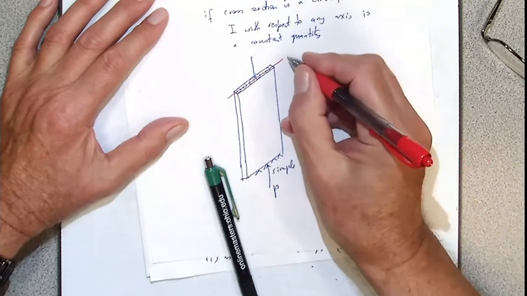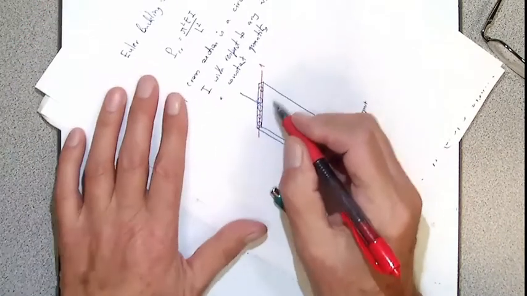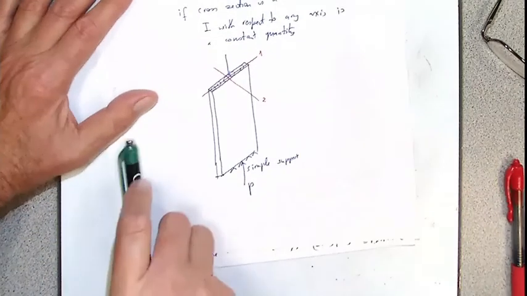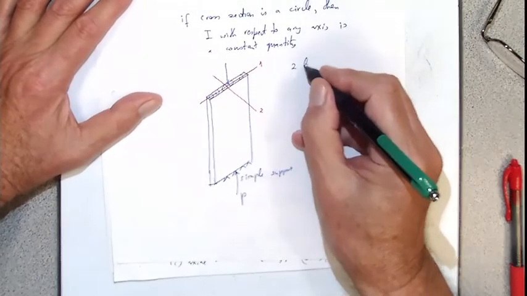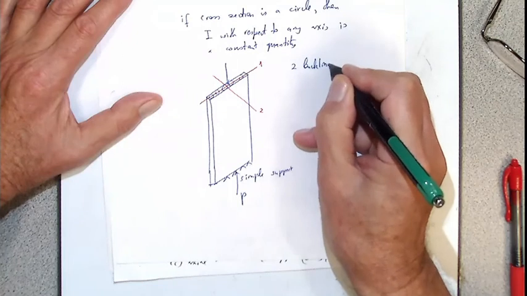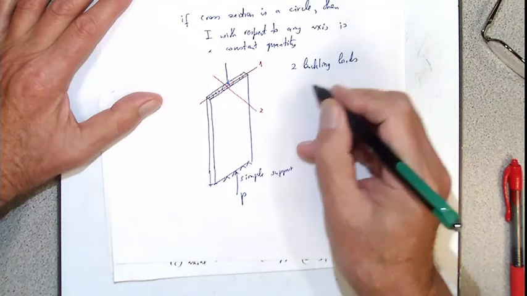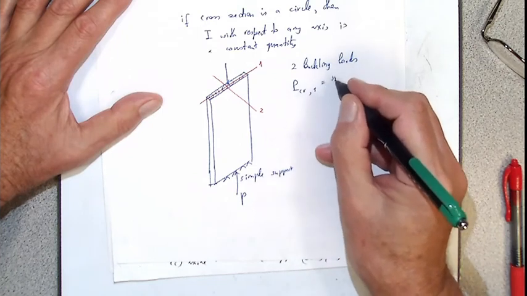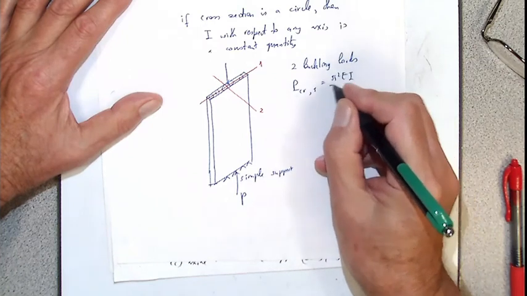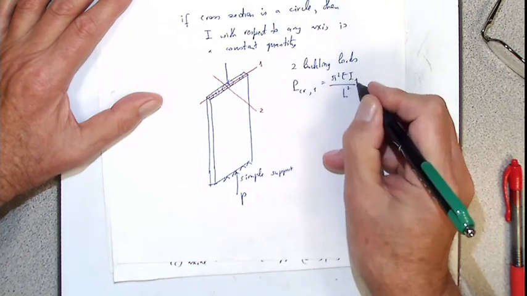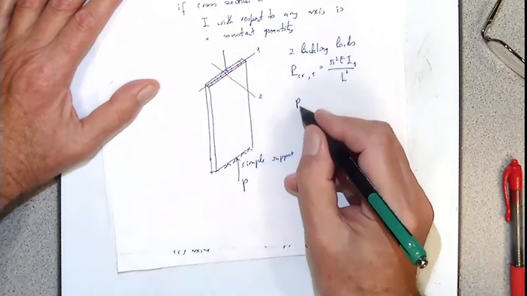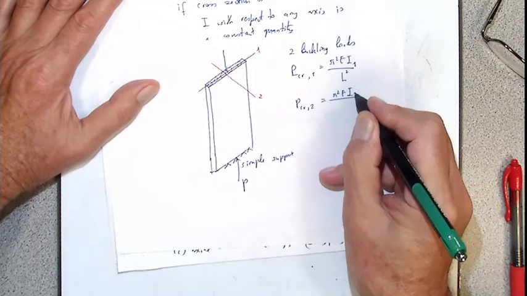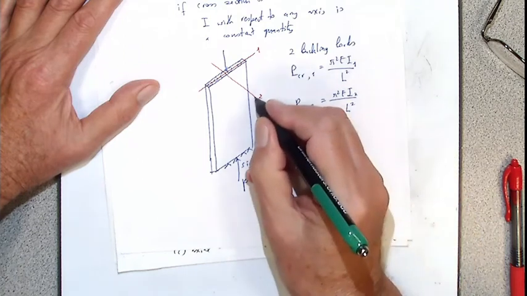Let us say this is 1, and then there is the possibility with respect to this, 2. Then we have two buckling loads. P critical 1 equals pi squared E I1 over L squared, with respect to axis 1. Or P critical 2, which equals pi squared E I2 over L squared, and that is axis 2.